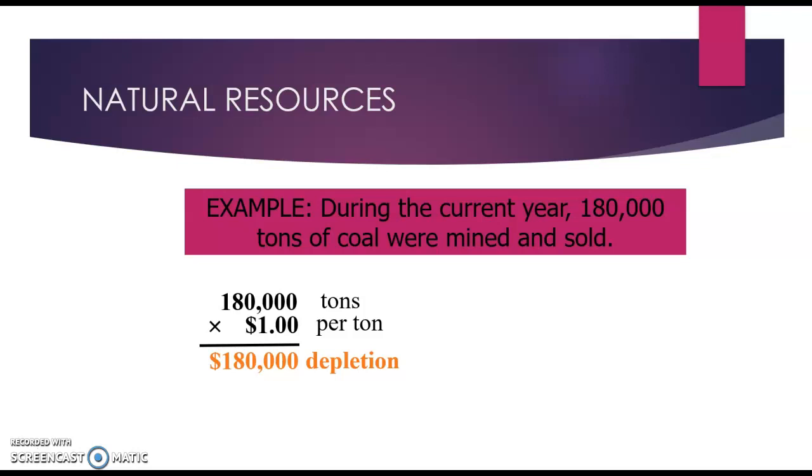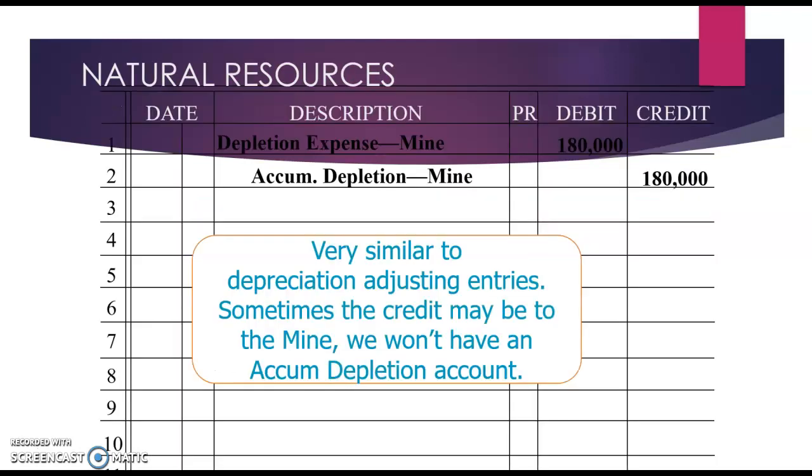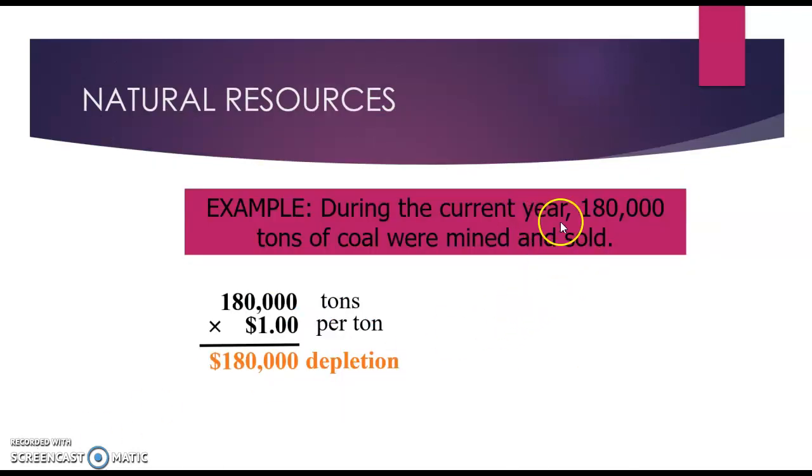That becomes our rate. Every year we look and see how much coal did we extract out of that mine that year. Okay, so in this particular year, the first year, we extracted 180,000 tons of coal.